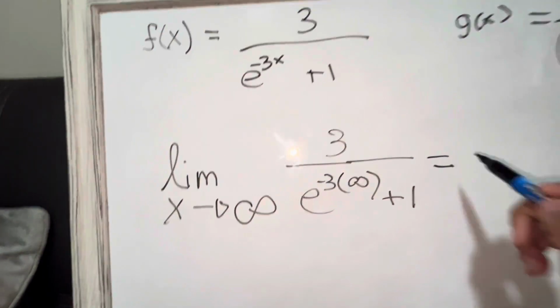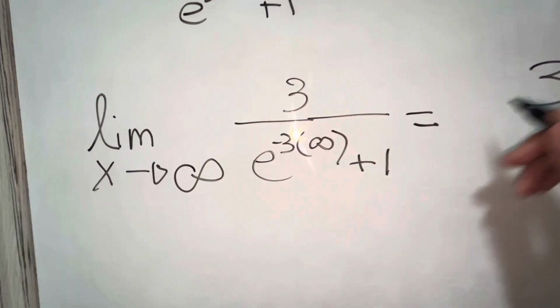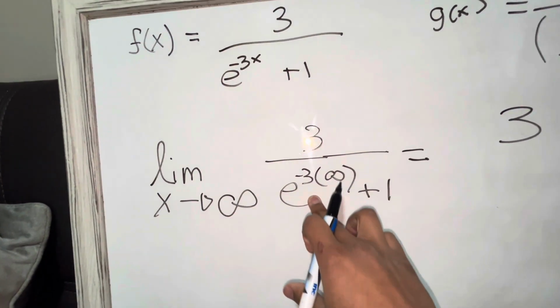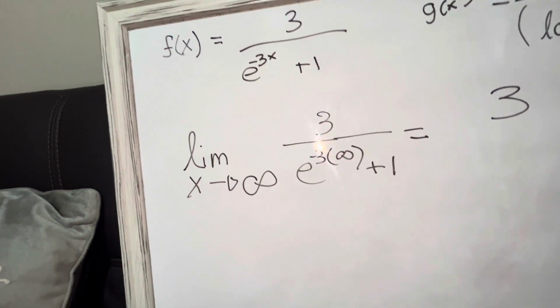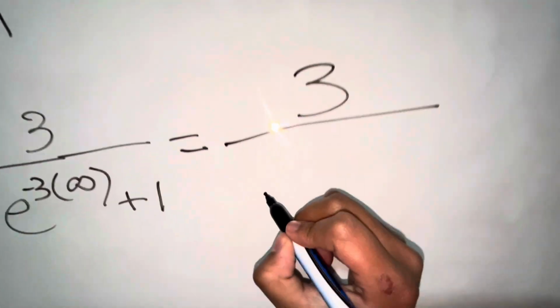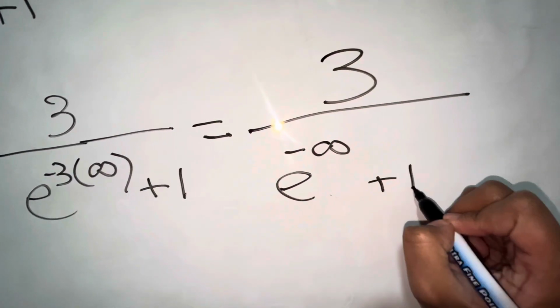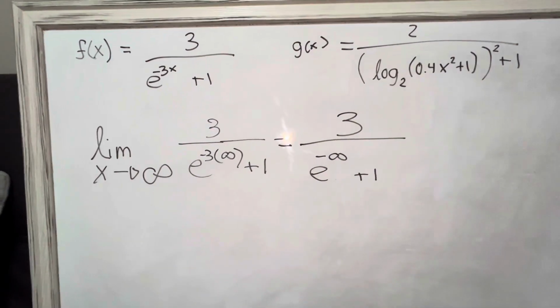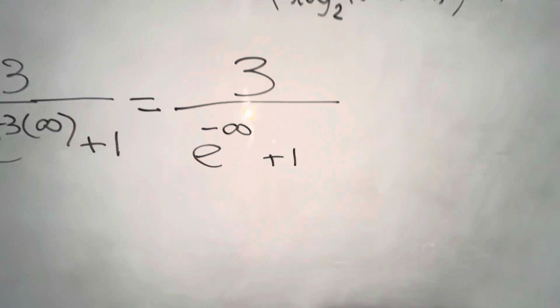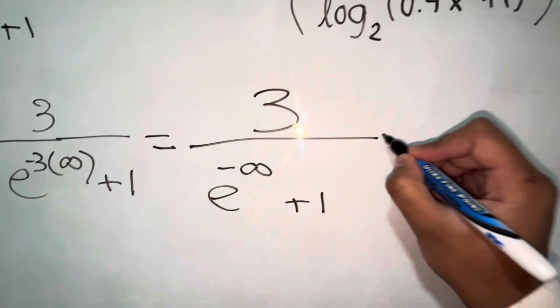And usually when things are, so this is going to be positive infinity times negative 3. So it's going to be negative infinity. Okay? And usually when e goes to the power of negative infinity, it comes out as 0. You'll see that on your calculator if you try to use negative numbers as examples.